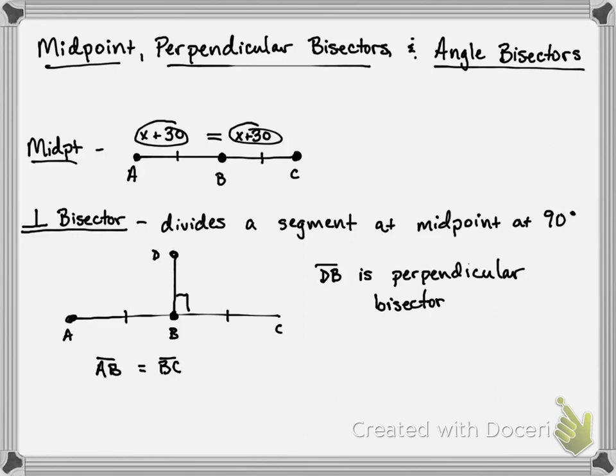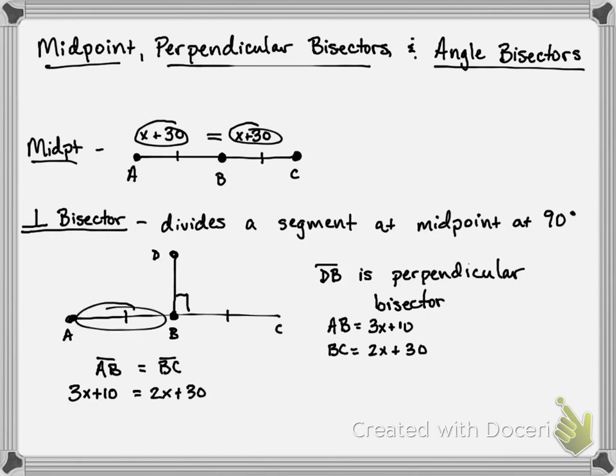Okay, so let's say over here that AB is equal to 3x plus 10, and BC is equal to 2x plus 30. In this case, we could say 3x plus 10 equals 2x plus 30, because we know that the bisector cuts these into two equal parts, so we have two things that are equal to one another.